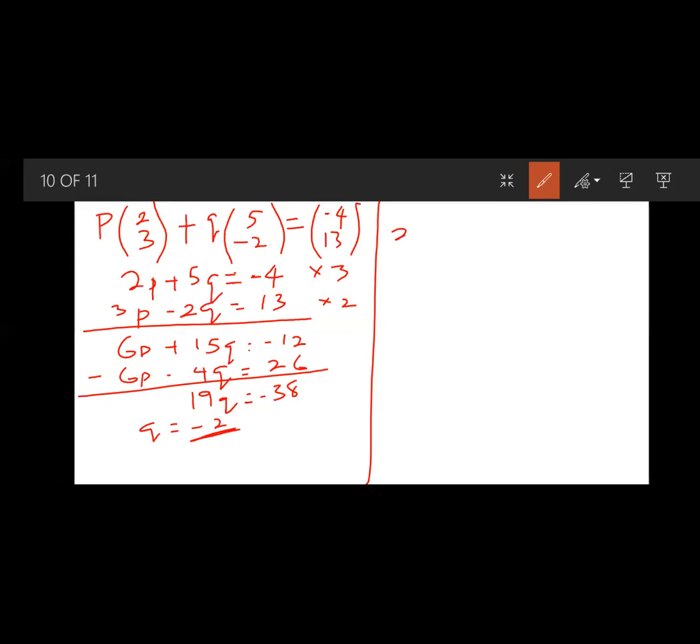If you pick the first equation, 2P plus 5Q equals to minus 4, and substitute Q equals to minus 2, we have 2P minus 10 equals to minus 4. So 2P will be equals to minus 4 plus 10, which gives us 6. P equals to 3. Therefore, P equals to 3, Q equals to minus 2. That's the solution to that particular one.